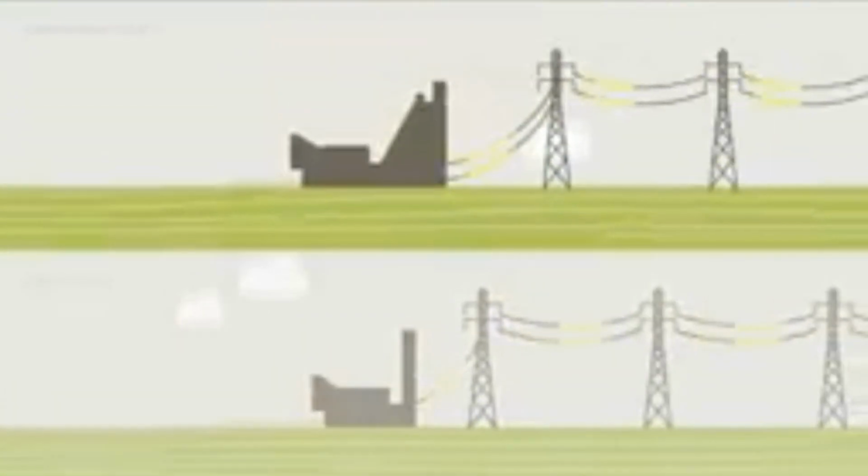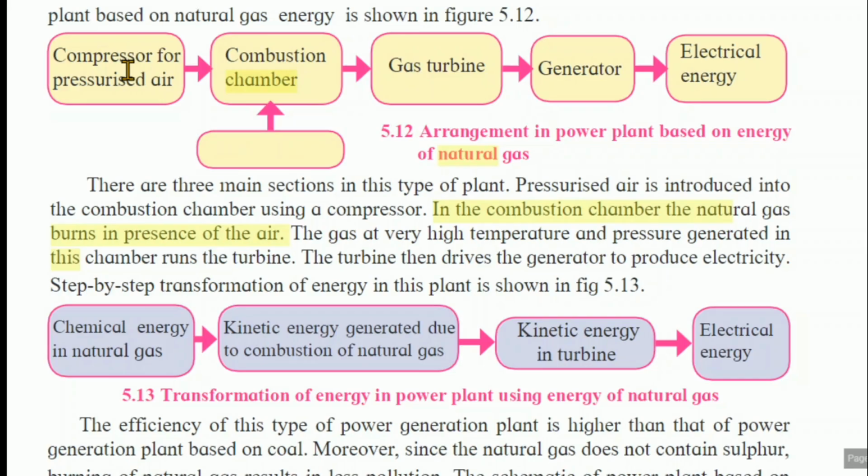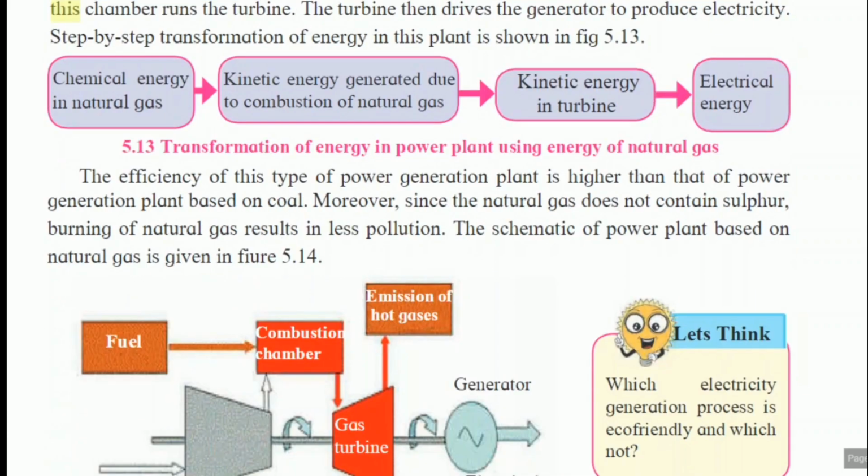This is the arrangement in the power plant, because here we use natural gas. And why is compression and pressurization necessary? The reason I told you. So in this way, this is the arrangement. Here in the flow chart of 5.30, transformation of energy. First of all, chemical energy in natural gas, because it is a form of chemical energy.